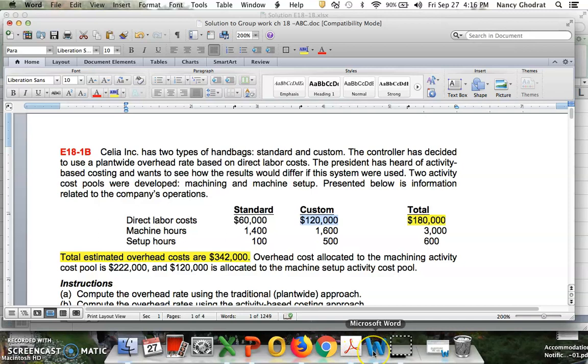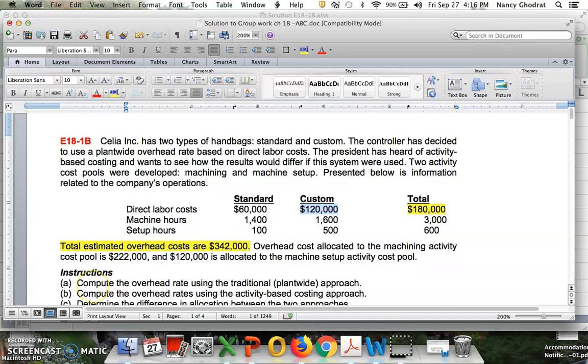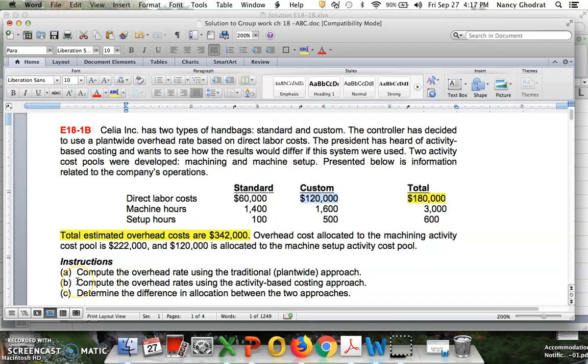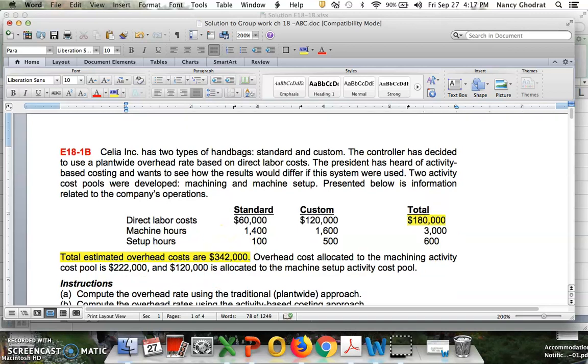Okay, so now part B, that was part A. Part B is asking us to compute the overhead rate using the activity-based costing approach. So in activity-based costing approach, remember there are 4 steps. The first step is coming up with the activity cost pool, which they already gave us.